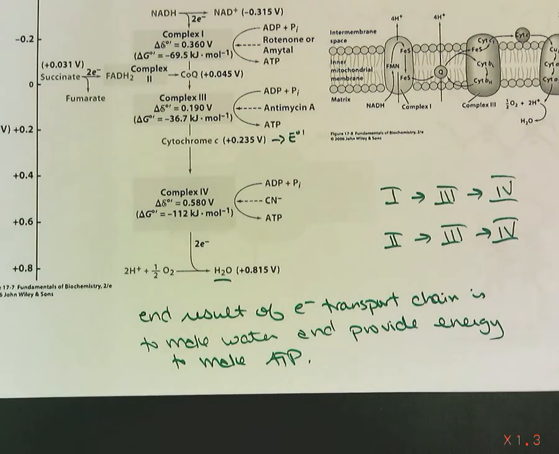And to provide energy to make ATP. So the electron transport chain does not directly make ATP, but provides the energy to do it in the next step.